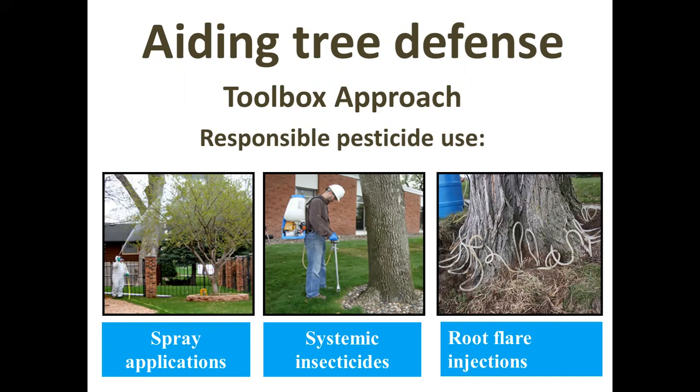There's different modes of approach that we can take to that, whether it's spray applications that you do as a plant healthcare technician, the systemic insecticides that we inject into the soil, or root flare injections, how we prevent Dutch elm disease, oak wilt, inject insecticide to keep ash trees free of emerald ash borer. But that's kind of a whole separate division. As plant healthcare techs, really, you'd be concerned more with spray applications and systemic insecticides.